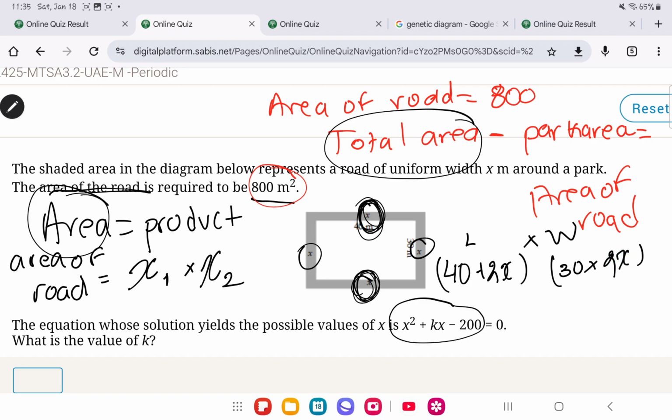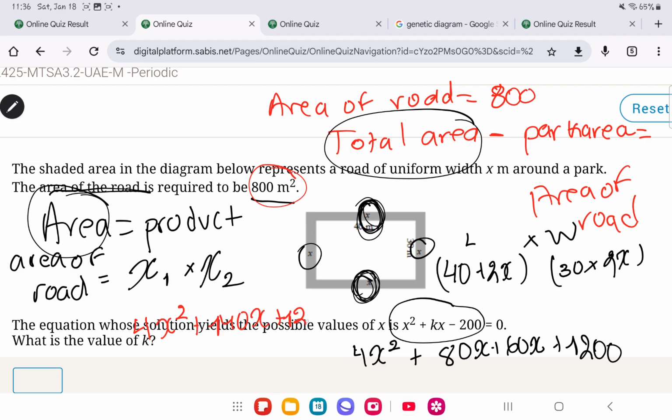2x. So after multiplying, you're gonna get 4x squared plus 80x plus 60x plus 1200. Now we're gonna add it a bit more. We are gonna get 4x squared plus 140x plus 1200.